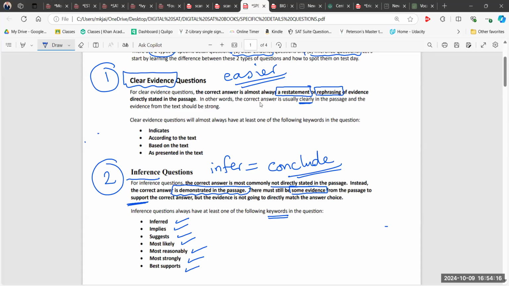Once you read the question, you will find that the answer is like a rephrasing, a restatement. That's why it's clear evidence. You can easily find it. It's clear there in the passage.